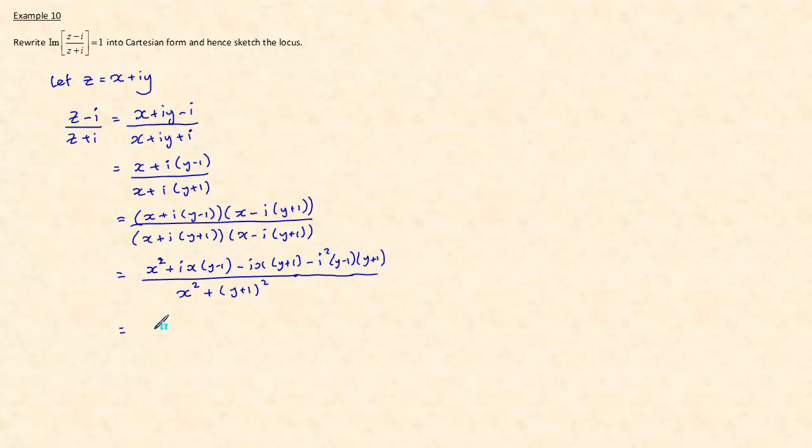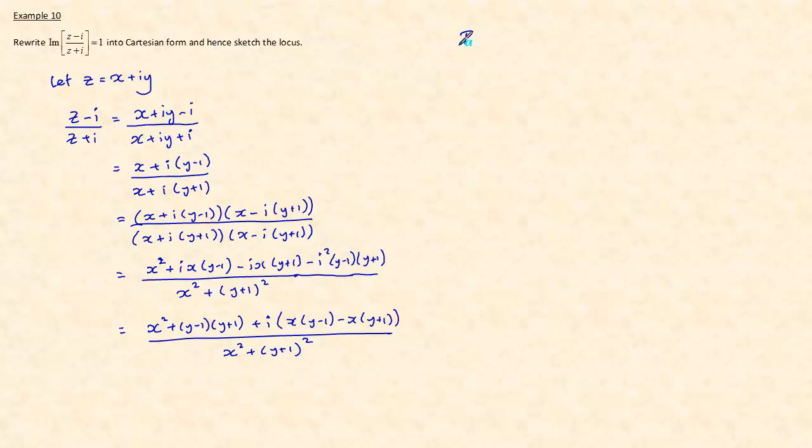I squared is negative 1, so that's giving me x squared plus (y minus 1)(y plus 1), plus i into x(y minus 1) take away x(y plus 1), all over x squared plus (y plus 1) squared.